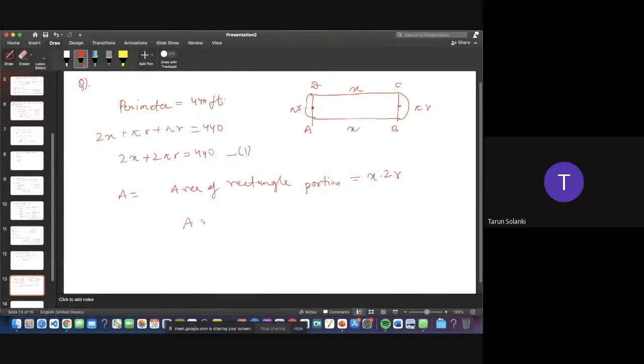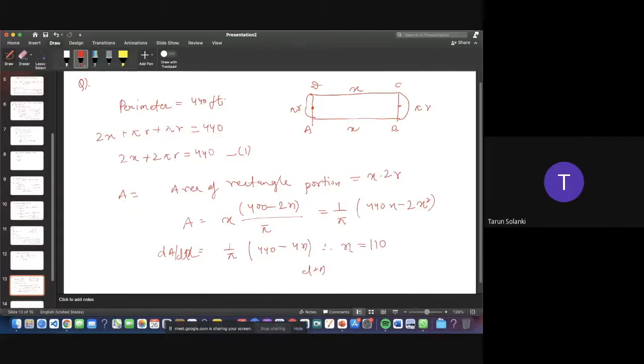So A will become x times 2x by pi, which is 1 by pi of (440x minus 2x square). So dA by dx is 1 by pi (440 minus 4x). So it will be x is equal to 110.